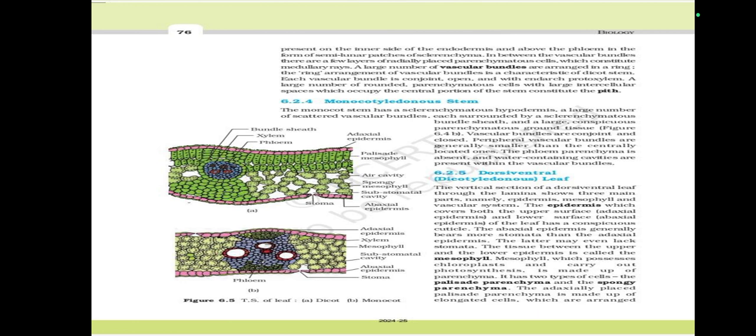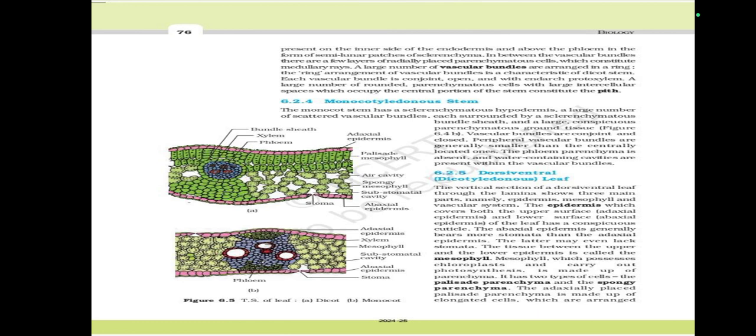The epidermis covers both the upper surface, the adaxial epidermis, and the lower surface, the abaxial epidermis. The epidermis of the leaf has a conspicuous cuticle. The abaxial epidermis generally bears more stomata than the adaxial epidermis. The latter may even lack stomata.